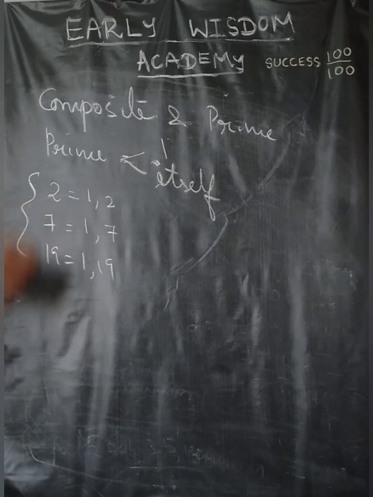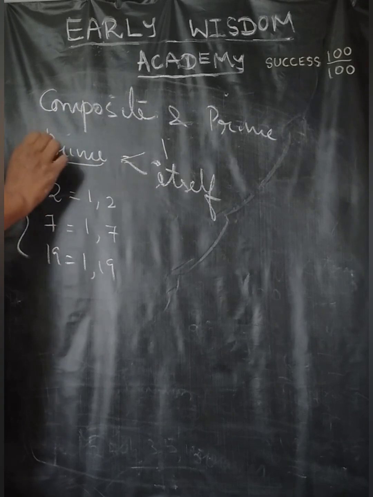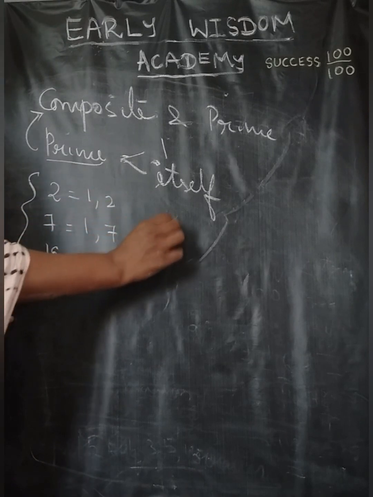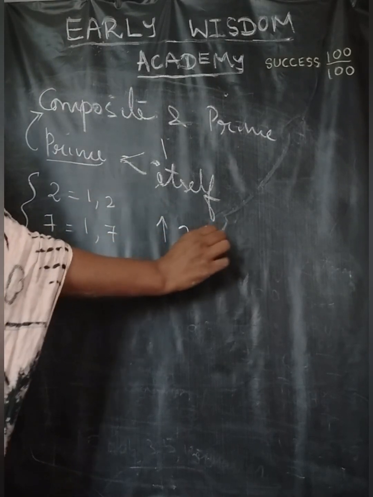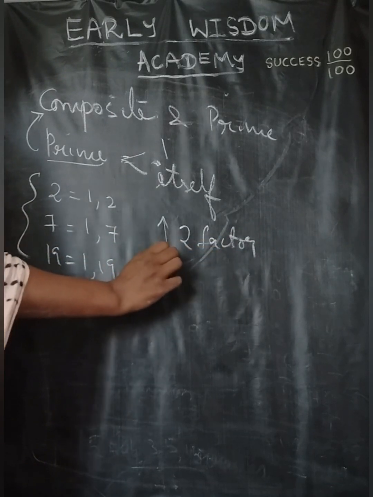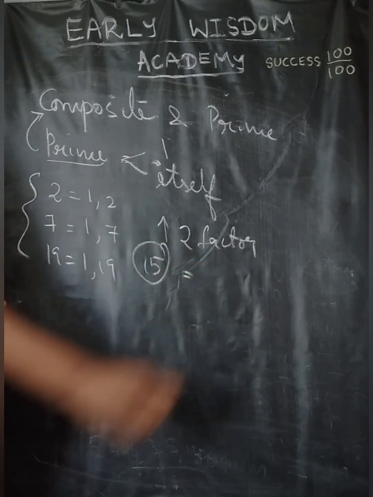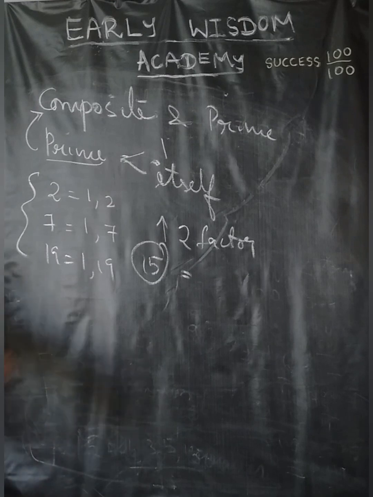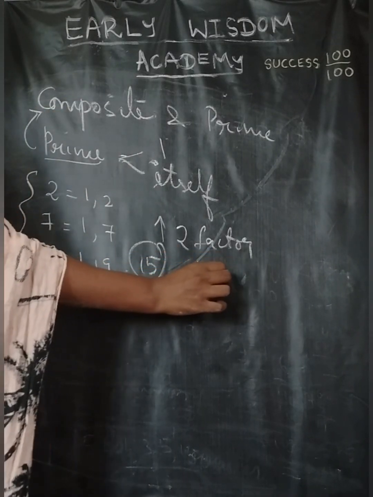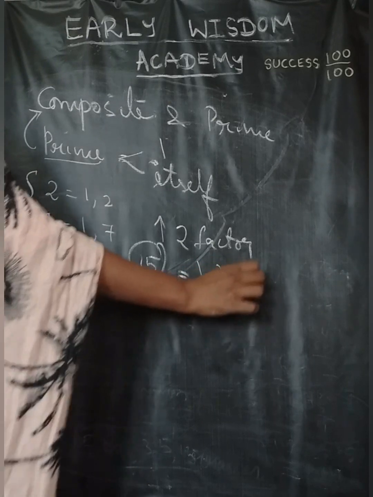Other than prime numbers, the rest are called composite numbers. Composite numbers have more than 2 factors. Previously we saw 15 is a composite number. It is not a prime number, so it is a composite number, and it has the factors 1, 3, 5 and 15.